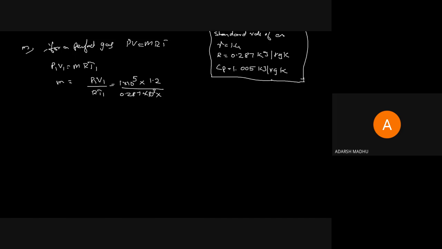We have converted the values to SI units, Pascal, Newton per meter square. Initially we converted the pressure value to 1 into 10 to the 5. Temperature is given in Kelvin, which is the SI unit. So we convert the 0.287 R value into SI unit by multiplying by 10 to the 3. And T1 is given as 300 Kelvin, right?